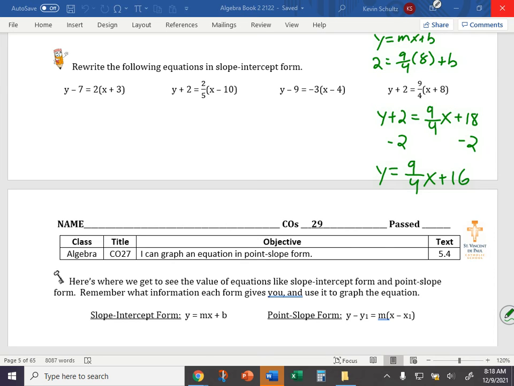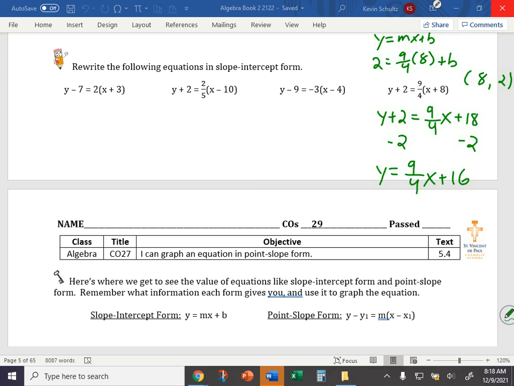So what did I do wrong in plugging those? Because in theory, yes, you can do that to get the y-intercept, but how did I set this up incorrectly? We're actually going to get more into this tomorrow when we start to graph them, but just as a preview, here I used the ordered pair 8, 2 to plug into 2 equals 9/4 times 8 plus b.